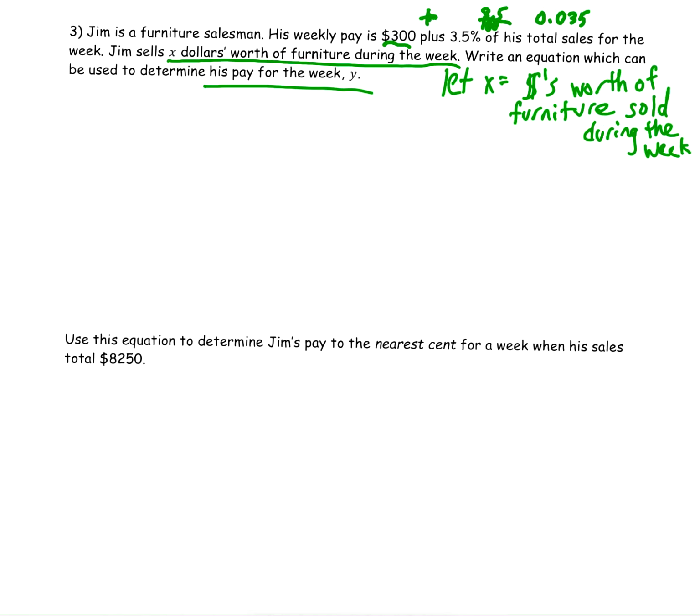And y is his pay for the week. Let y equal pay for the week.